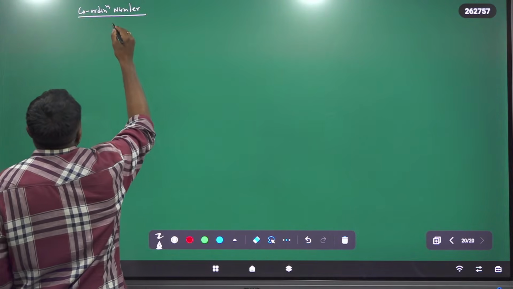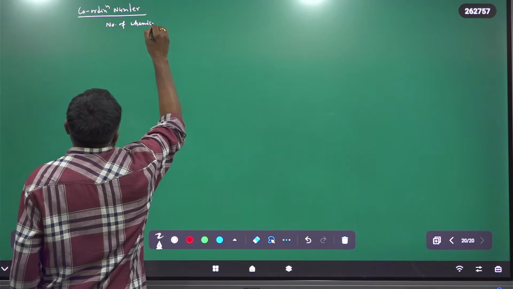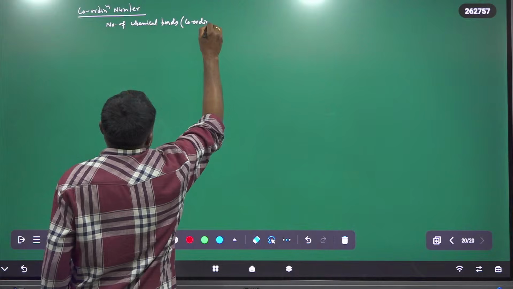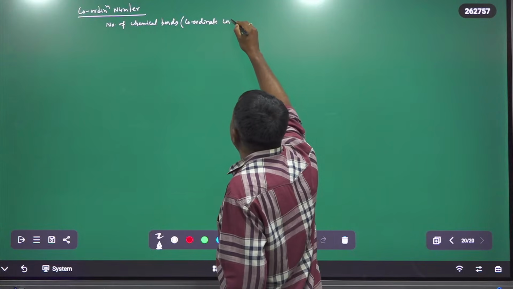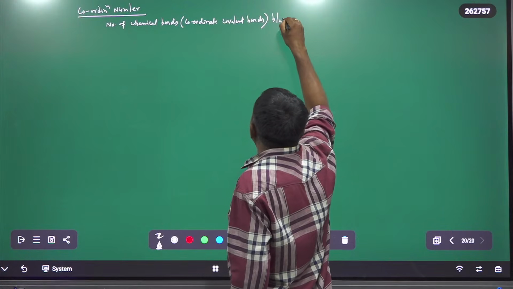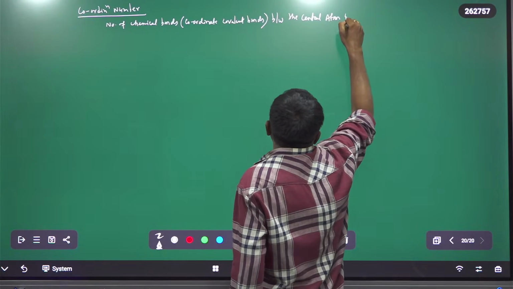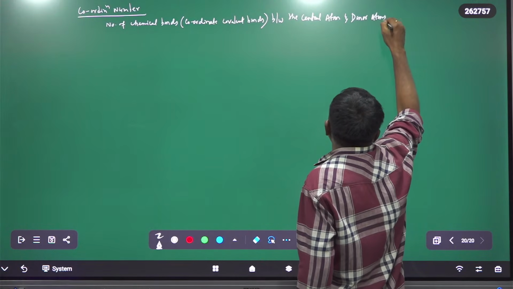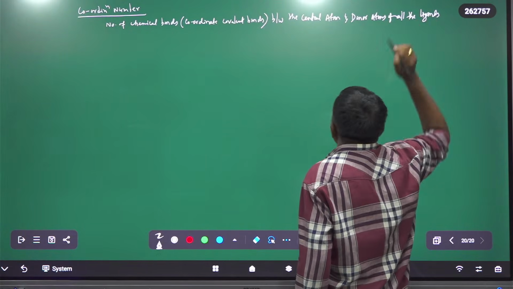Coordination number is the number of chemical bonds, that is, the number of coordinate covalent bonds between the central atom and donor atoms of all the ligands in the coordination sphere.